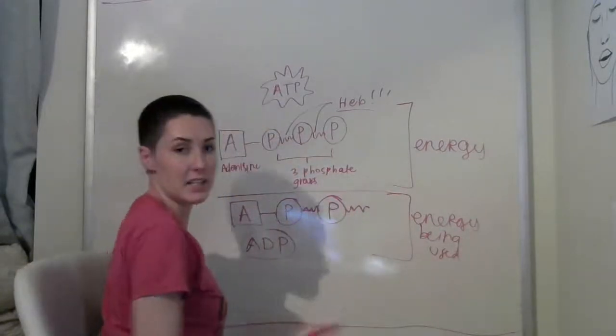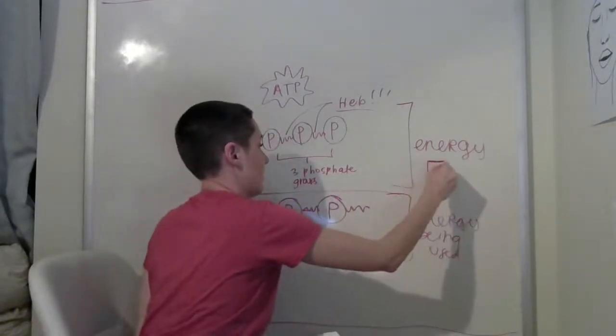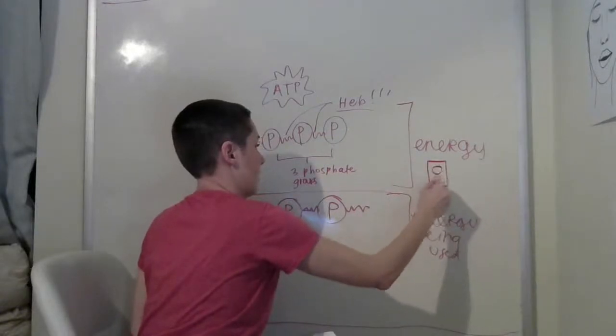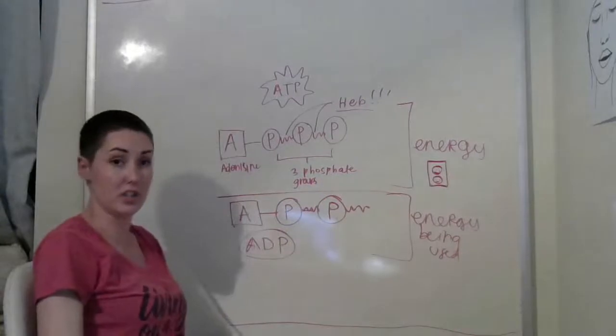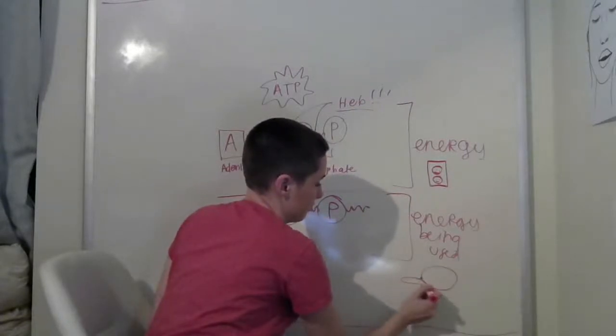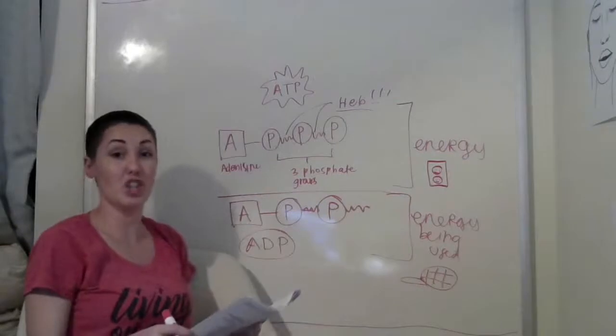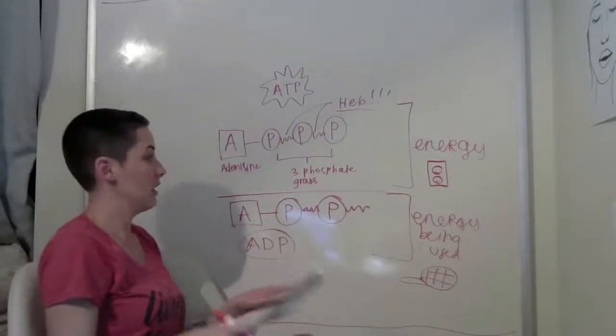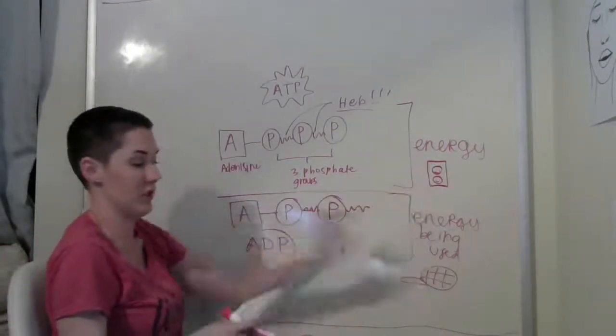So basically, let's say that this is an outlet in the wall. It's just holding energy. And then this would be a waffle maker. We're gonna use that for energy. This is just holding energy, and this is using energy.